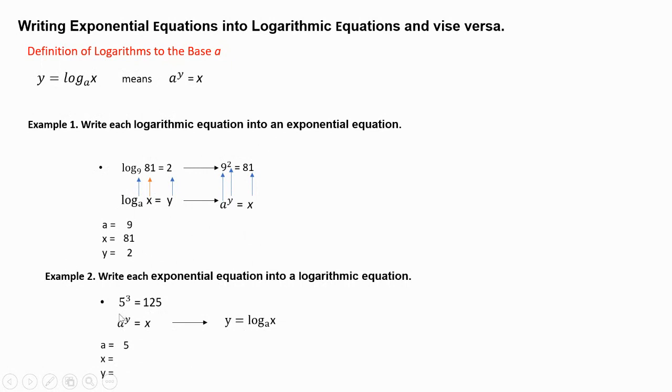If you notice, the a is equal to 5. My y is down here, my y equals 3, and my x equals 125. So my y is 3, my a, which is the base, is 5 from here, and my x is 125.